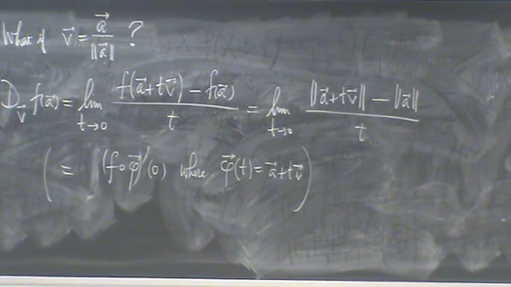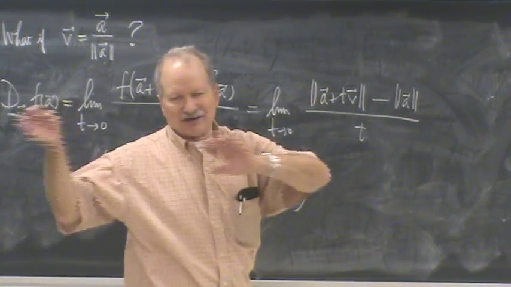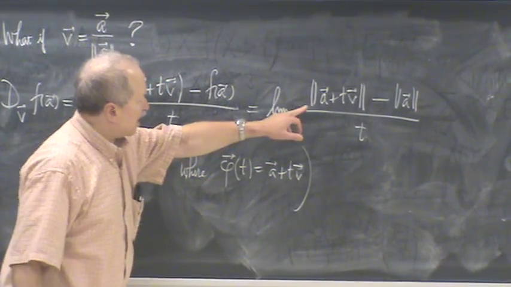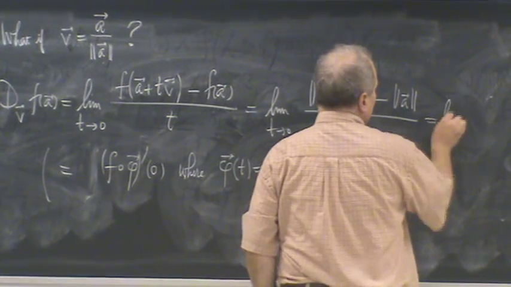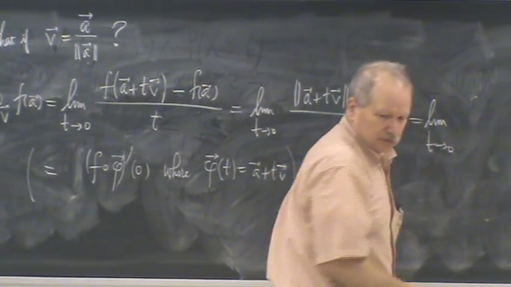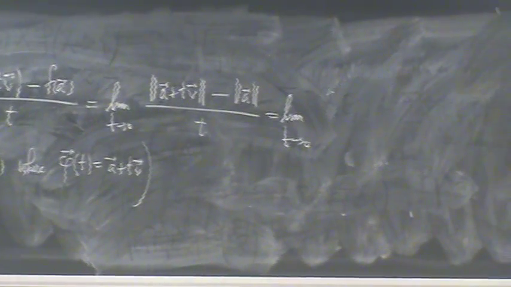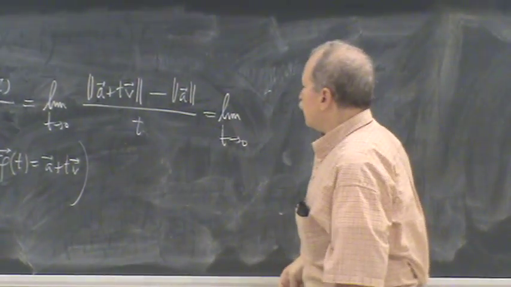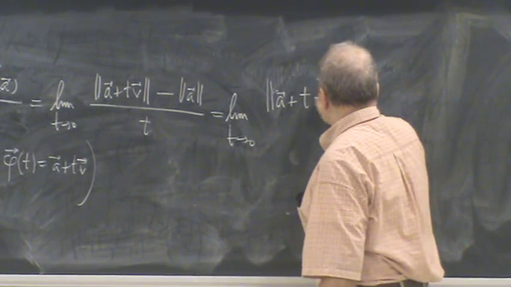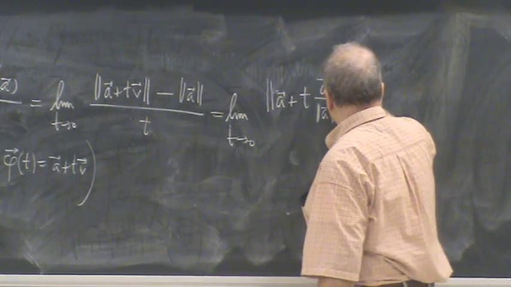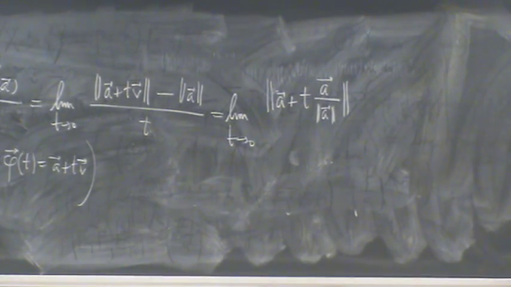Now this looks scary, and I don't want you writing out formulas with square roots of sums of squares. I don't want that at all. But if I'm moving in this direction, we've got magnitude of A plus t times the unit vector in the direction of A. So this looks like a bunch of alphabet soup, but it's really not that bad.